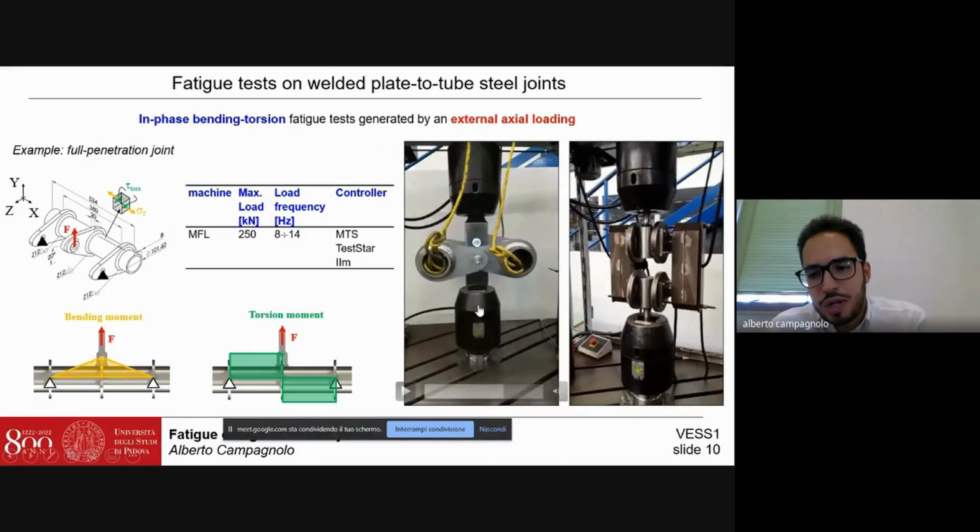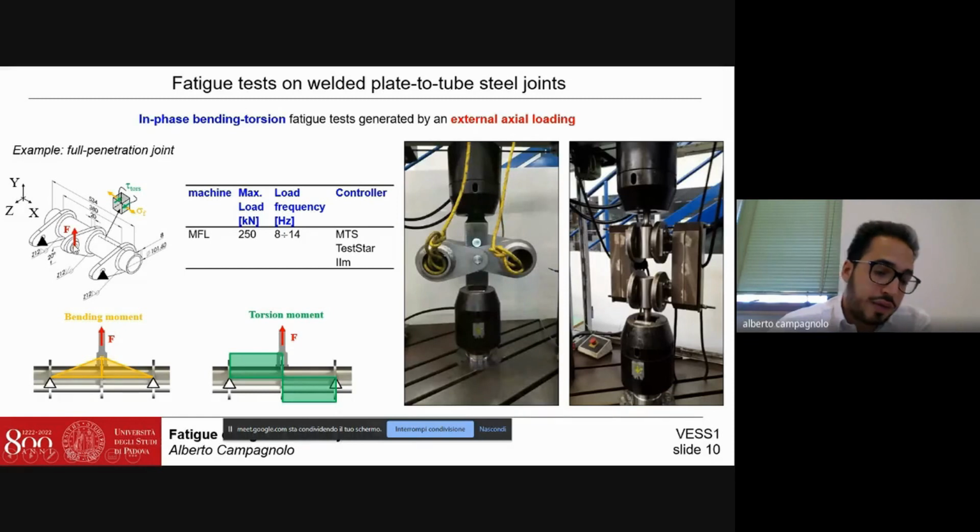We tested these joints in our laboratory, I said, by using a pure tensile, pure axial loading. By applying the loading, as we can see in this example considering the Zamperla joint, to this plate and taking advantage of the eccentricity of the load with respect to the axis of the tube, we can generate on the weld structure both a bending moment and also a torsion moment due to the arm of the load with respect to the axis of the tube.